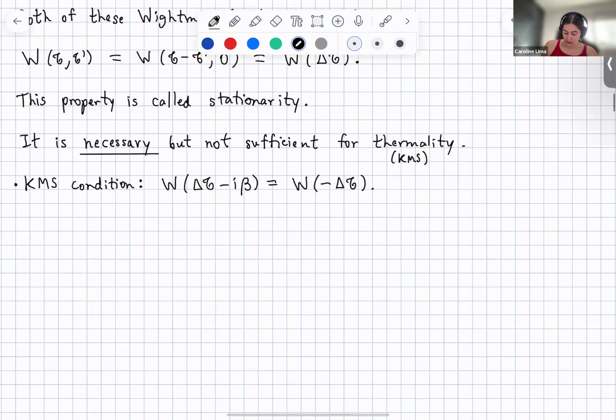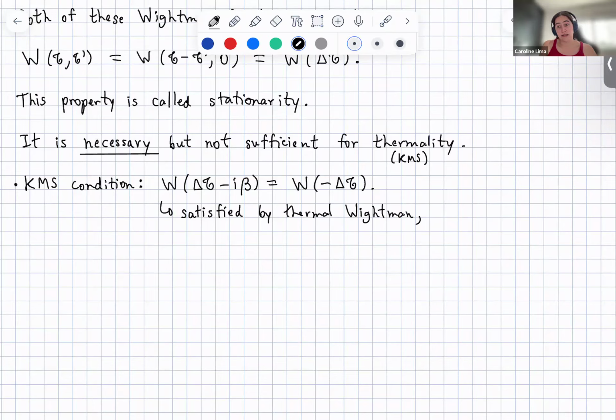Okay, and this condition is satisfied by the thermal Wightman function, of course, and is also satisfied by the linearly accelerated detector, the Unruh effect one, but not by this one.